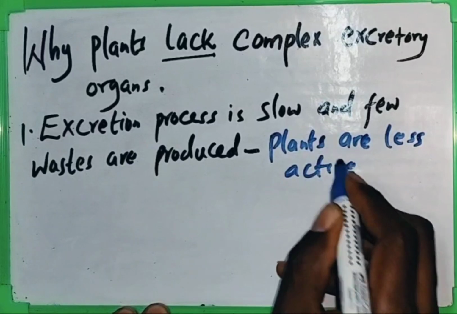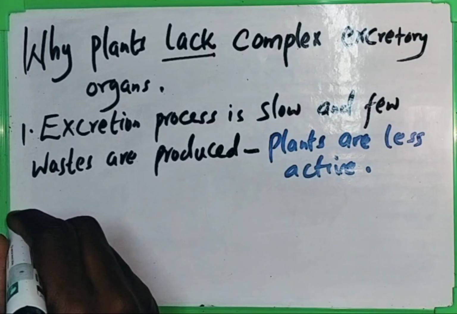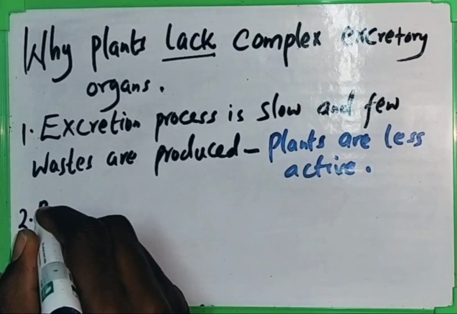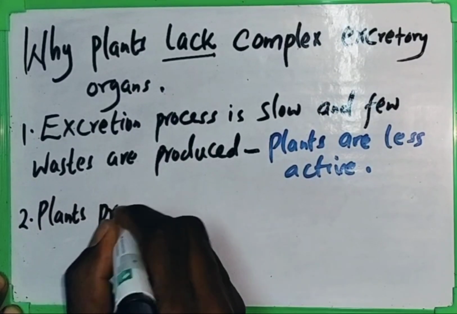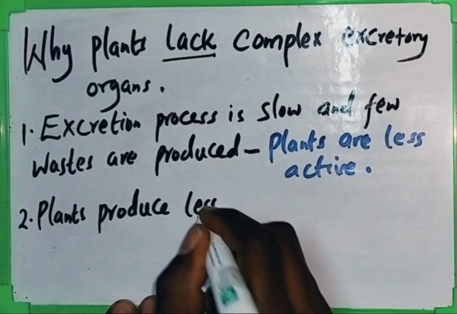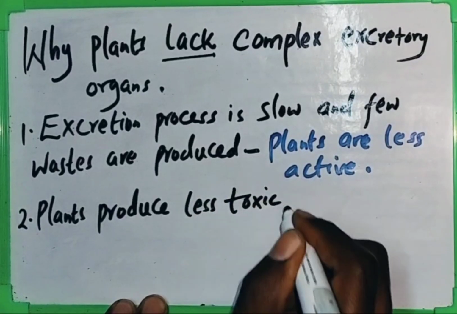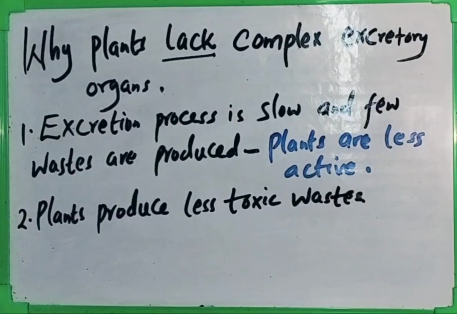Point two, or second reason, plants produce less toxic wastes. For example, wastes like oxygen.